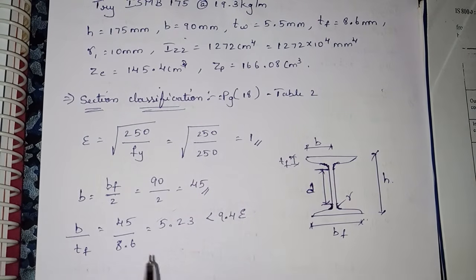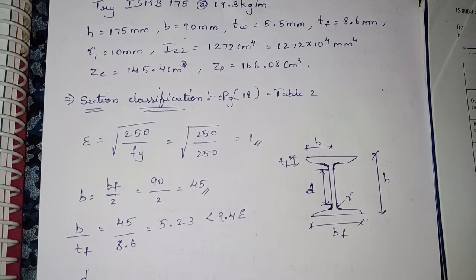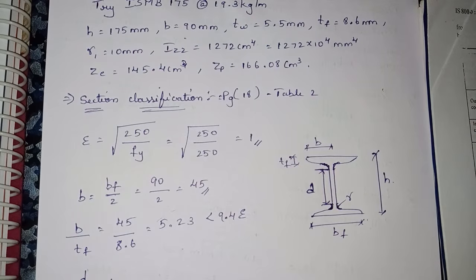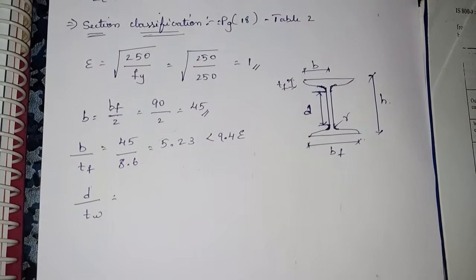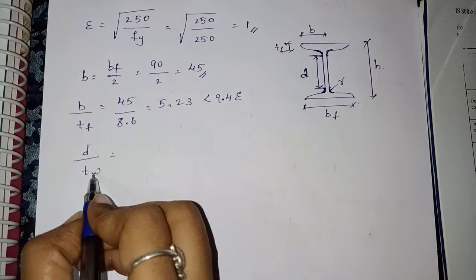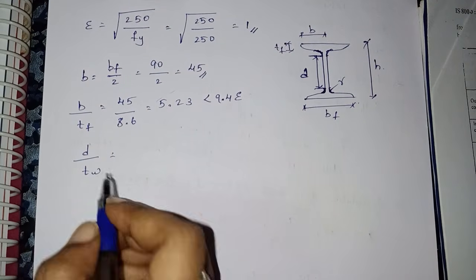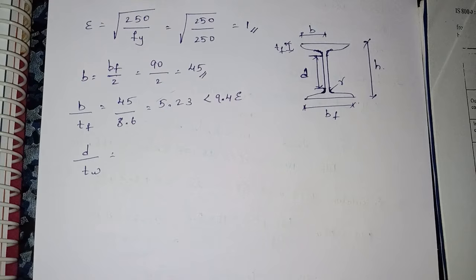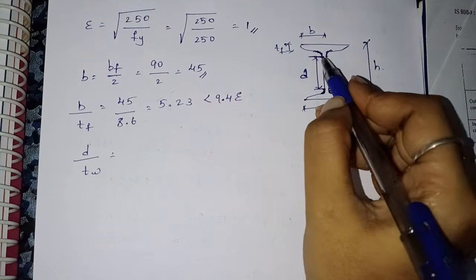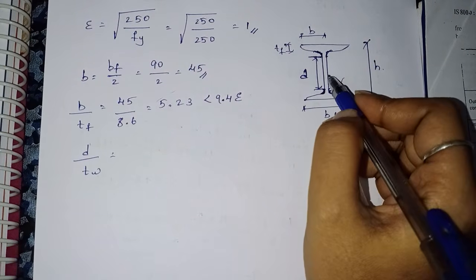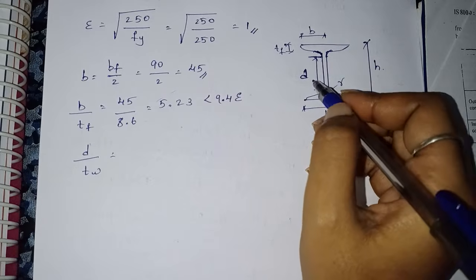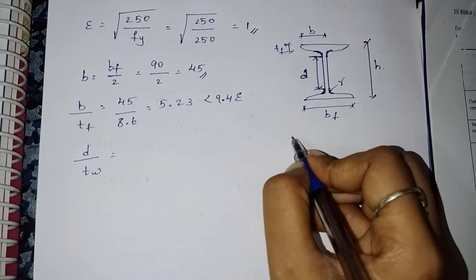Next, we'll go for d divided by thickness of the web. That was for the flanges, which we calculated. Now we'll calculate for the web: d divided by tw. How do you calculate d? The curve portion we need to neglect here, and only the straight portion you can name as d. So what is d here?